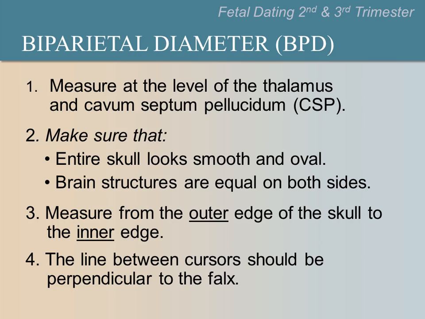The line between the cursors should be perpendicular to the falx. The two most important factors in getting this measurement right are finding the proper level at the thalamus and CSP and seeing that the head looks oval in shape. It is more important to clearly see the thalamus than the cavum septum pellucidum. We will now show you 4 examples.